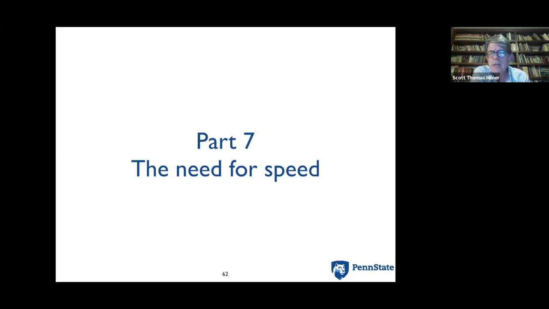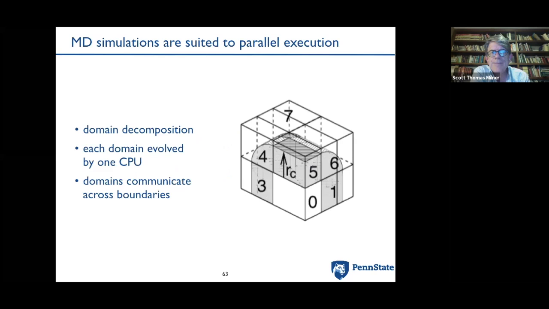So the first thing is that MD simulations are parallelized, right? And they're well suited to parallel execution, that is simultaneous execution on multiple processors. And how that's accomplished is by what's called domain decomposition.